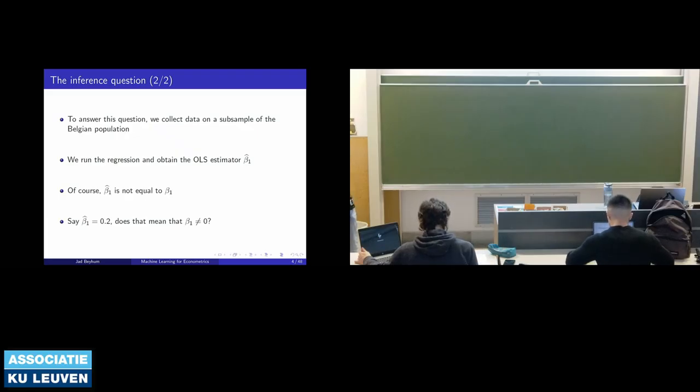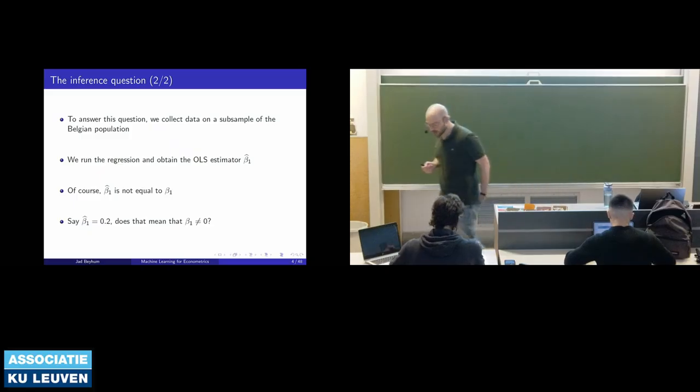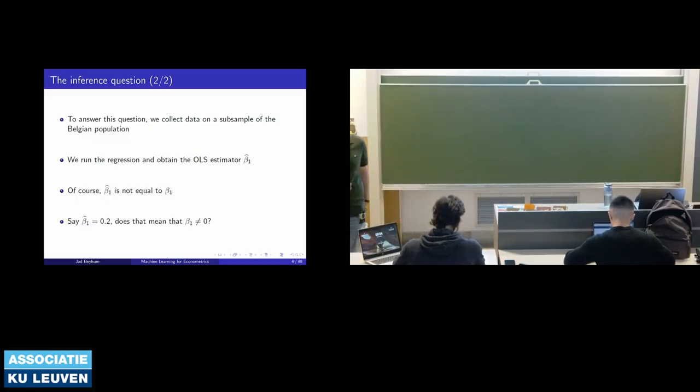So you collect a subsample of, say, 1,000 Belgians. You run the OLS estimator. You get some estimator beta 1 hat, but of course in practice beta 1 hat is not equal to beta 1. Beta 1 is what you would get if you ran the OLS estimator on all the Belgian population, but since you only have a subsample, beta 1 hat is not equal to beta 1.